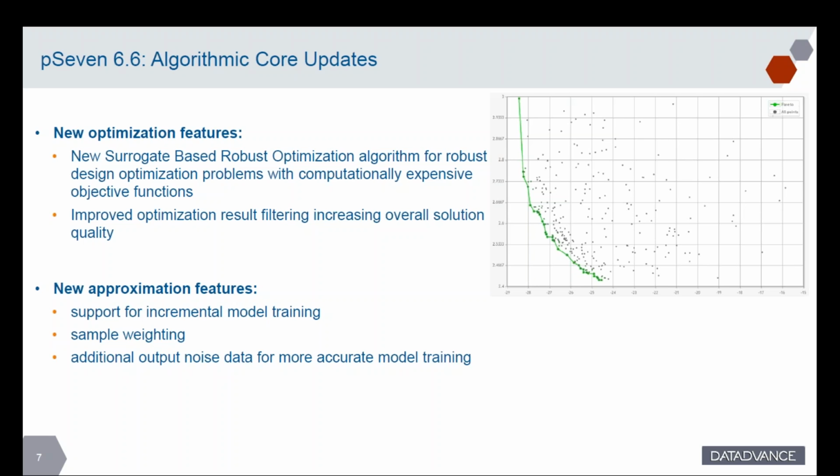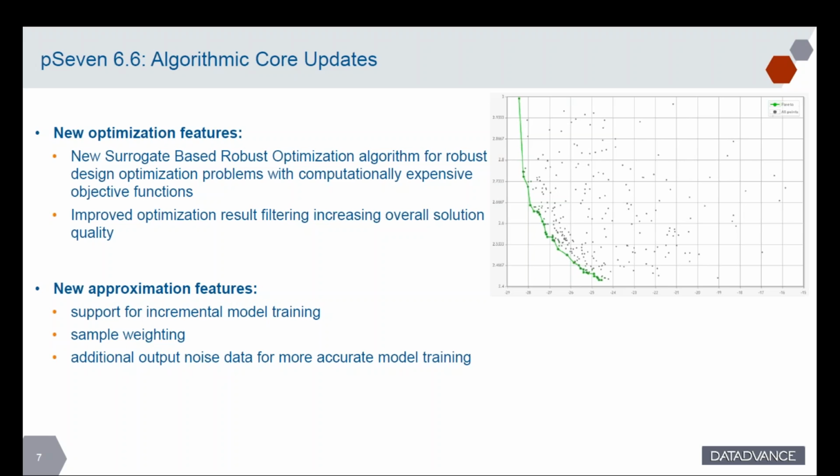Now the optimization result excludes solutions that are insufficiently close to the optimum, even if they satisfy the problem constraints. Due to this, the number of points in the optimization result can decrease compared to previous versions, but the result will contain more high-quality points. This improvement simplifies further analysis and makes it easier to make proper design decisions.